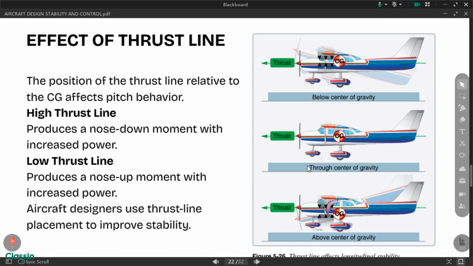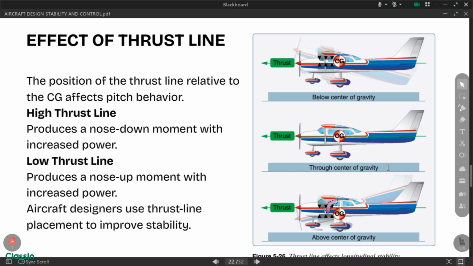Ito yung principle natin kung bakit meron tayong positive and negative ZT. Okay? So, designers natin, engineers, must carefully position yung propulsion system natin to avoid undesirable pitch changes during power adjustment.